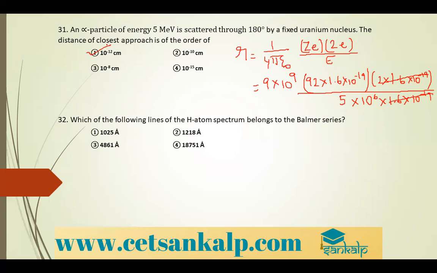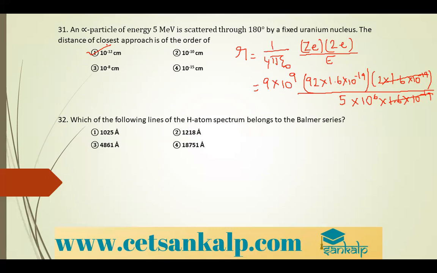Next, which of the following lines of the hydrogen atom spectrum belongs to the Balmer series? Balmer lies in the visible region.